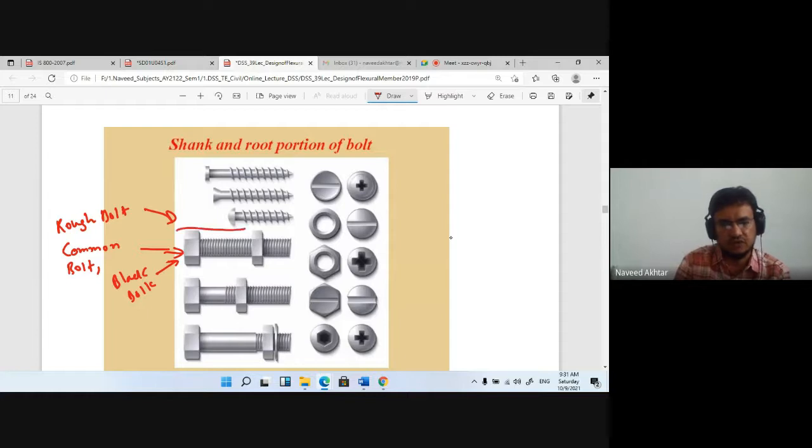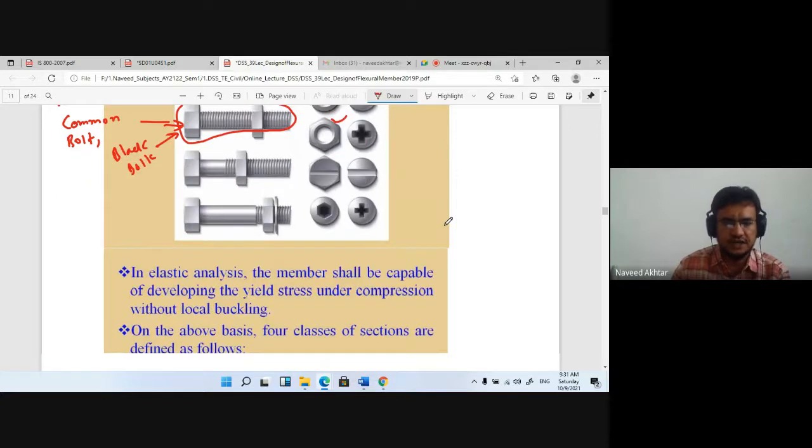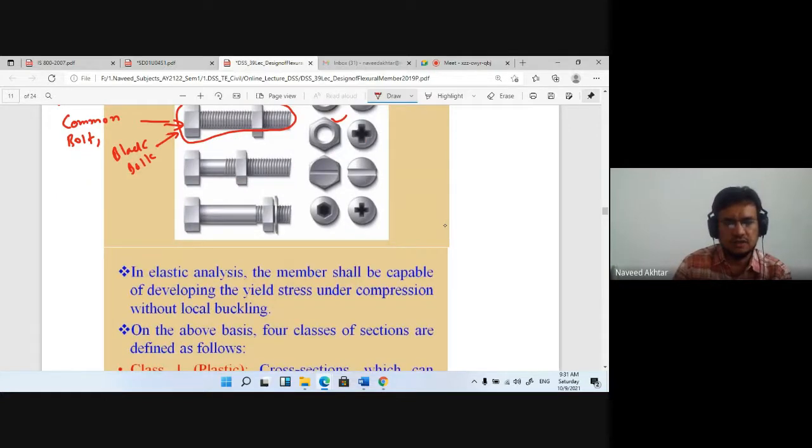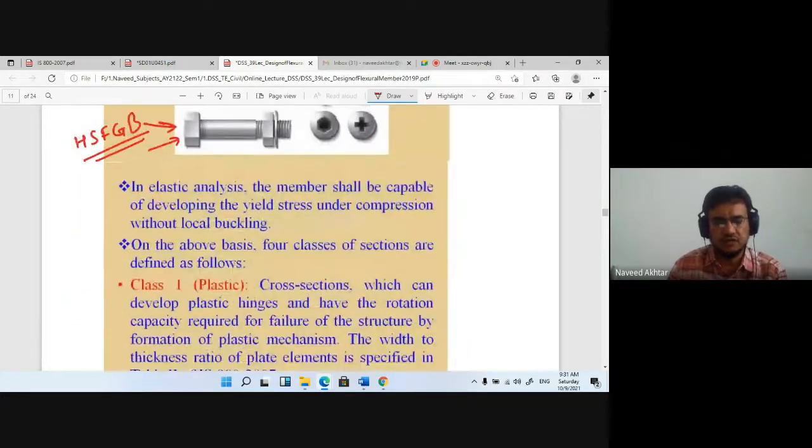You can see this is fully threaded, and there are different types of nuts you can see. And if there is a shank portion and a threaded portion, these are high strength friction grip bolts, HSFGB. We already saw that in unit number 1.